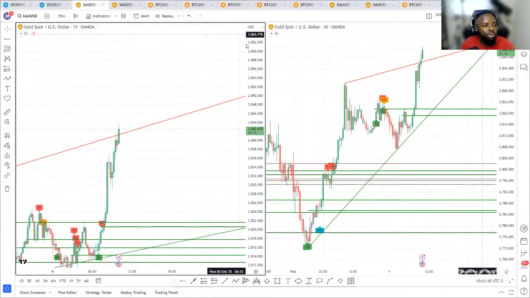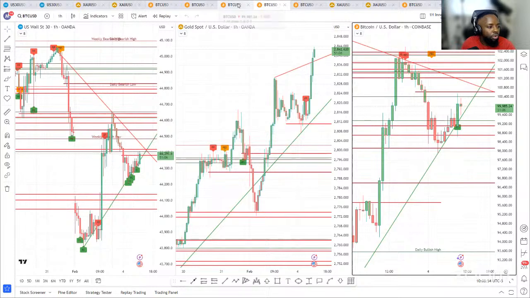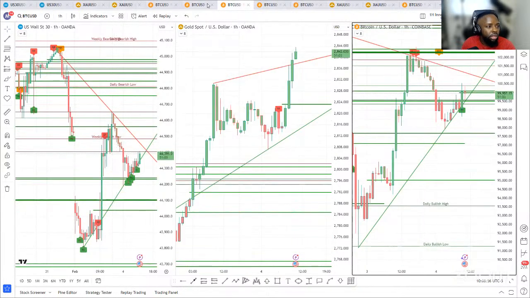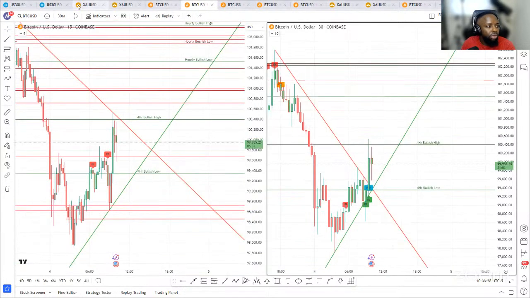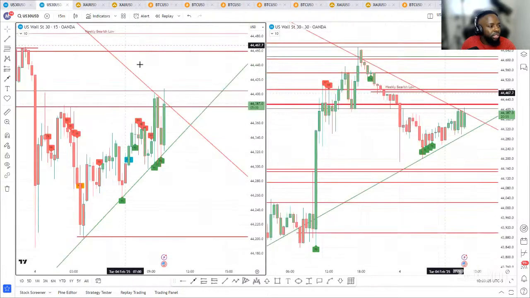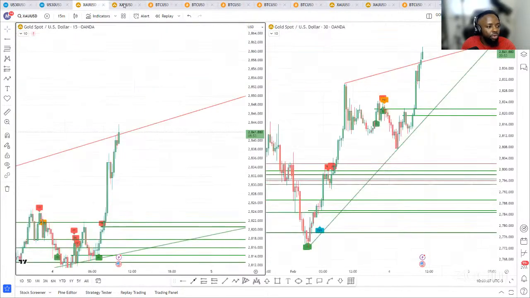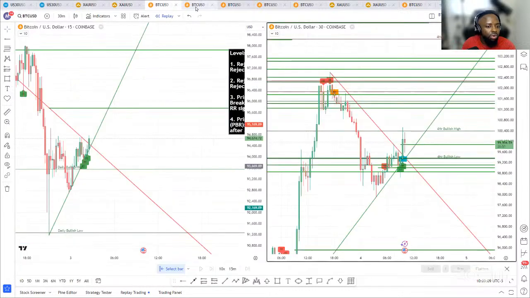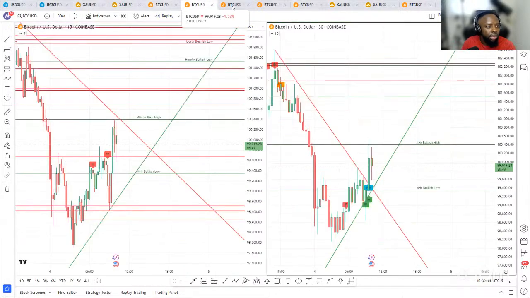But what I'm looking for in gold, and I think Friday is NFP, is something on the, oh, I'm sorry, this is the other chart. Let me go back to the other chart. What I'm looking for in gold is either an entry on the hourly or on the 4 hour time frame.